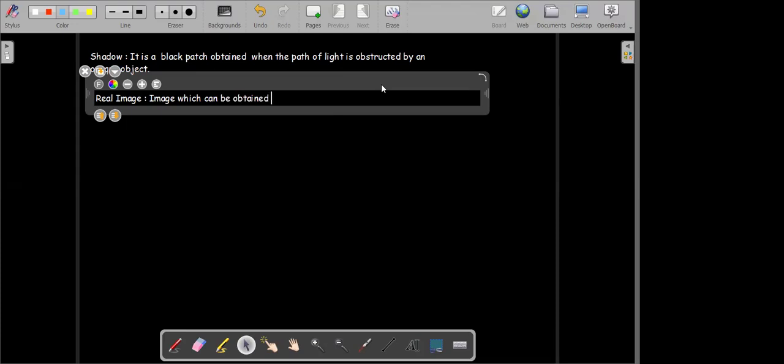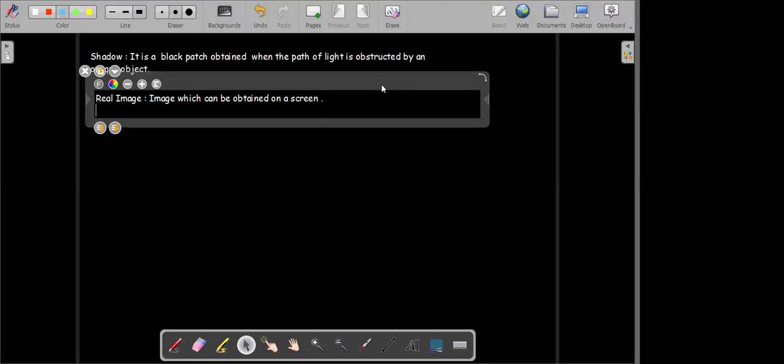Sir, it is a real image. Yeah. So it is a real image which can be obtained on a screen, and they are formed by actual meeting of the light rays. They are called real images. Then virtual images are the images that cannot be obtained on a screen.